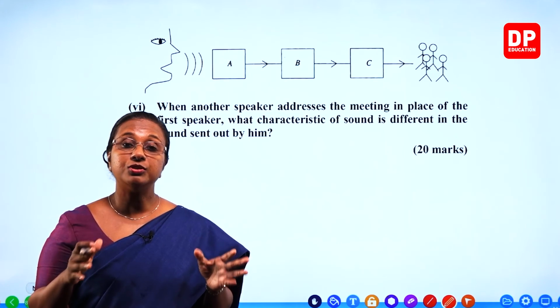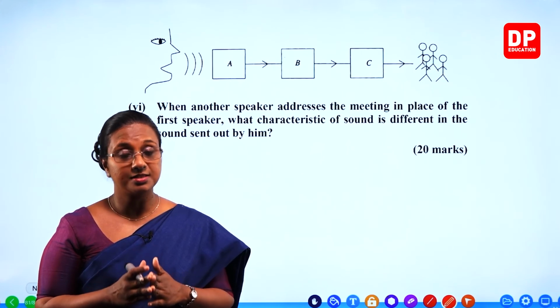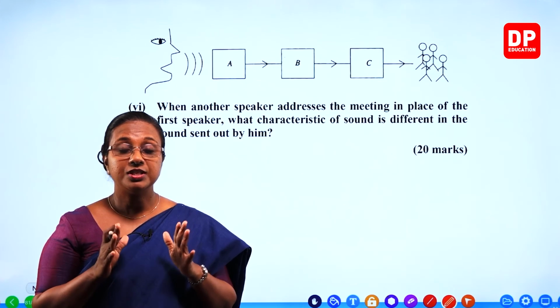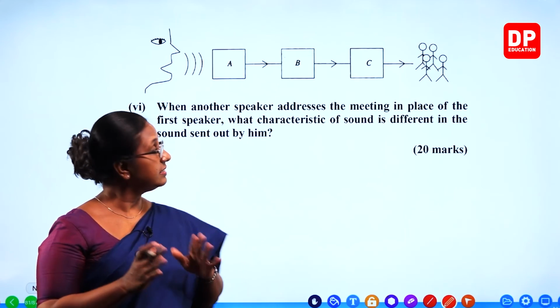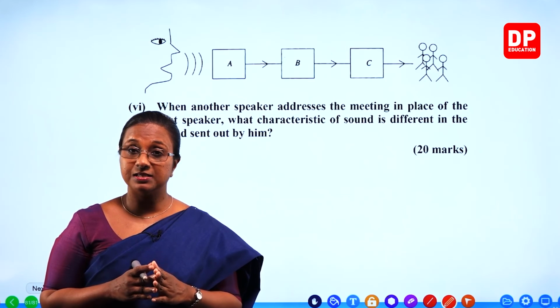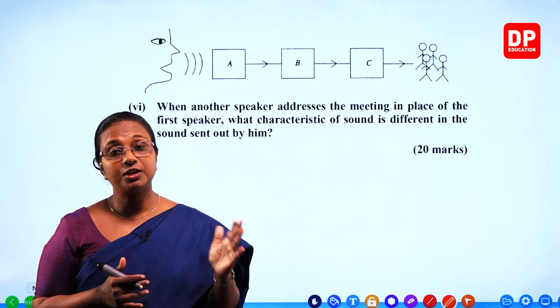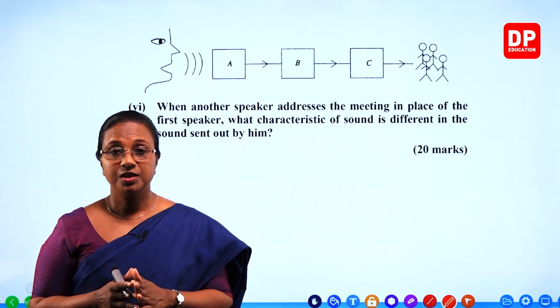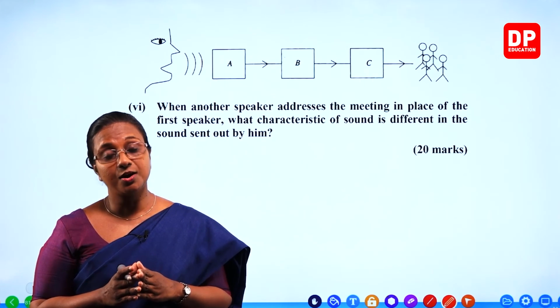So, that is due to the quality of the sound. This quality depends on the shape of the sound wave. Same thing goes for the two speakers. You can differentiate their voices because of the quality of sound.